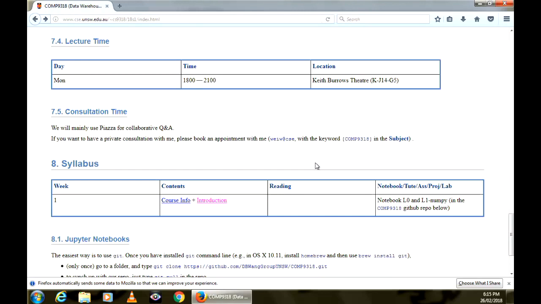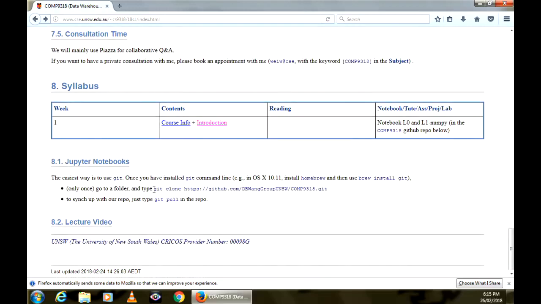We are also going to use a lot of Python, and we are going to use the excellent tool within the Python ecosystem called the Jupyter Notebook. The best way is that you install Git, and you pull the repository from our course repositories.